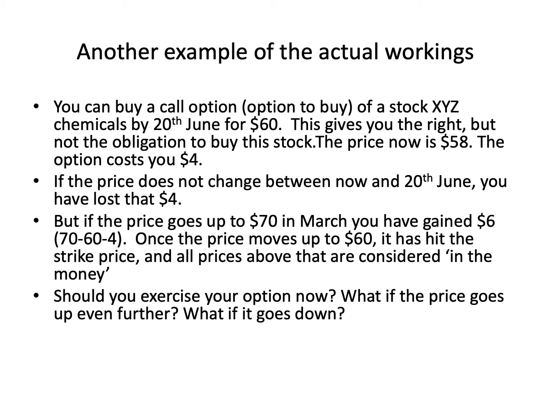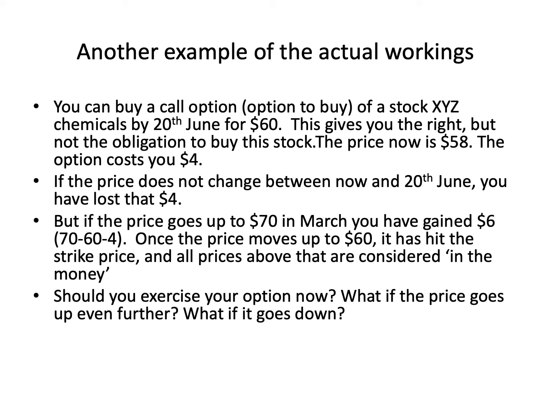If the price is now $58, and let's say the option costs you $4, if the price does not change between now and 20th of June, you simply wouldn't exercise the option. It wouldn't be worth it. Otherwise, you're paying $62 for the stock, and you effectively lost the $4 that you actually paid for the option premium.